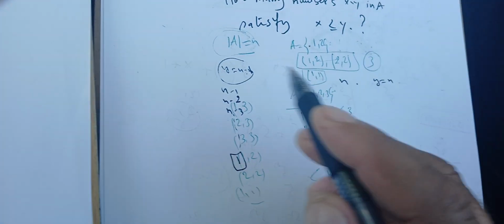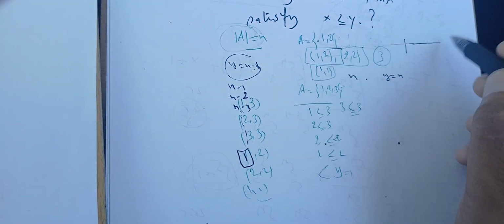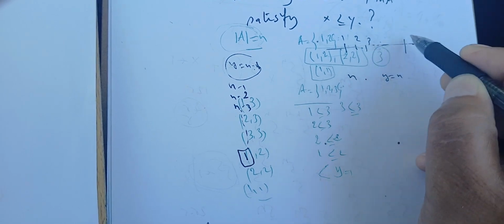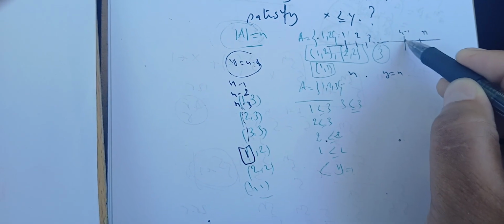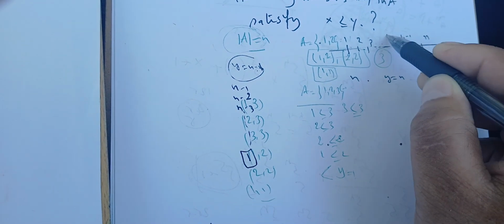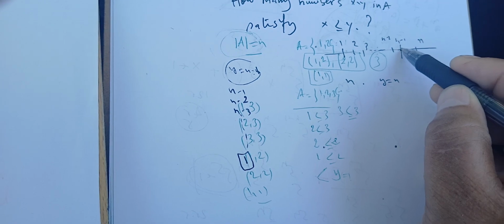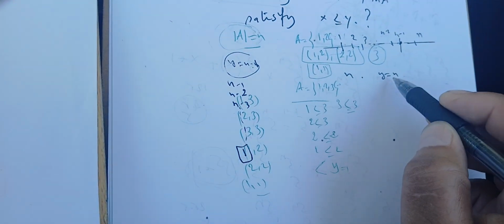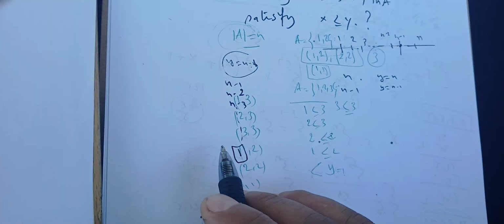If y is n minus 1, what then? Let's graph them on this line: this is n minus 1, this is n. If y is here, what are the values of x that are less than or equal to it? All of these, n minus 1, n minus 2, and so on. So if y is n minus 1, we have n minus 1 values.